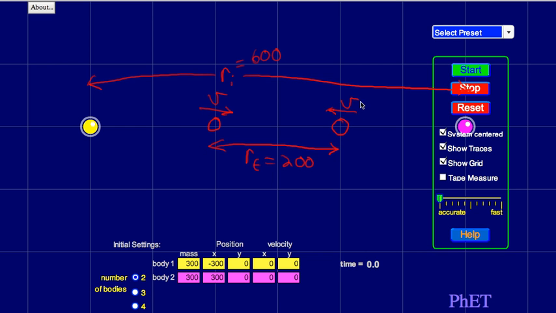Since they're the same mass, they'll both have the same speed, opposite direction, so opposite sign velocity. To do something like this, we want to use conservation of energy, so the initial energy equals the final energy. The initial energy is all potential, so UG initial, and the final energy, we have potential, and we also have kinetic.